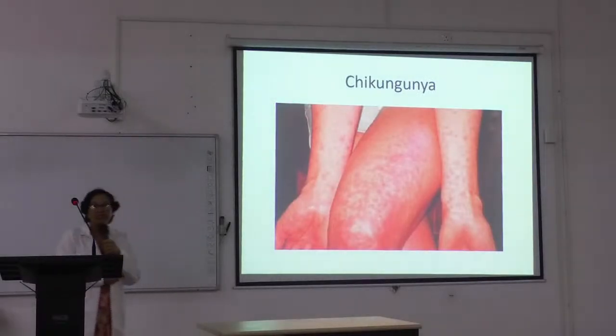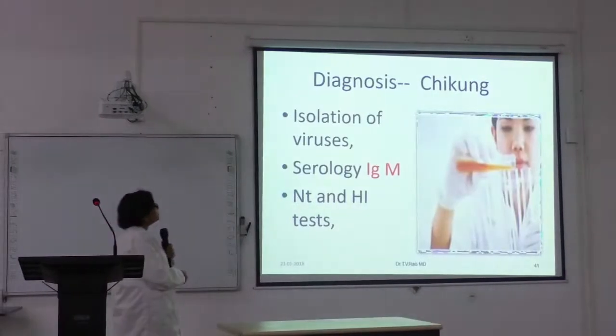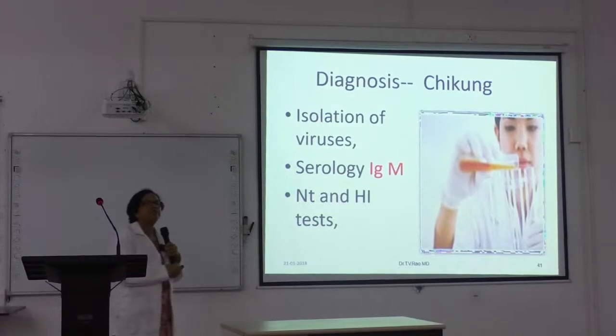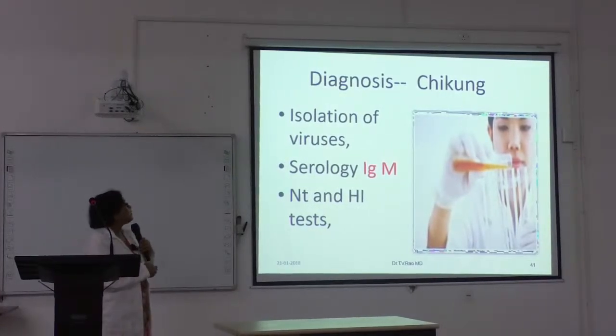They have a rash in chikungunya, all over the body, you can see. Diagnosis is the same: virus isolation, IgM and PCR, neutralization, hemagglutination test.